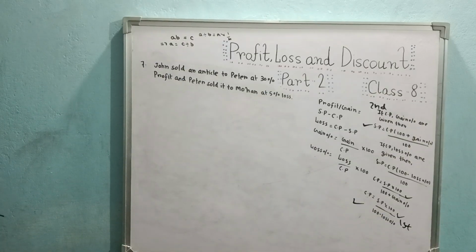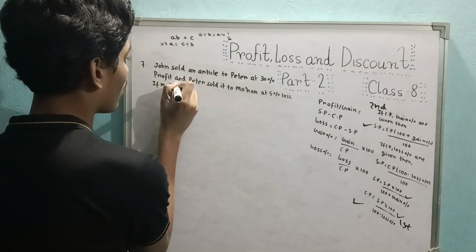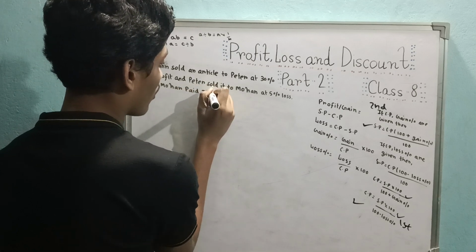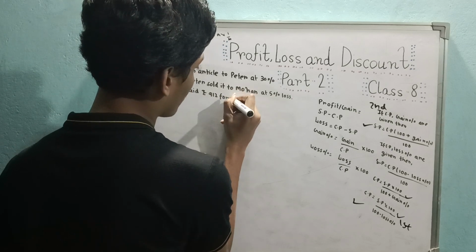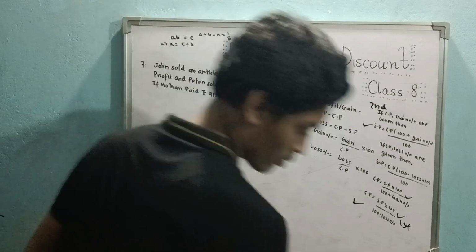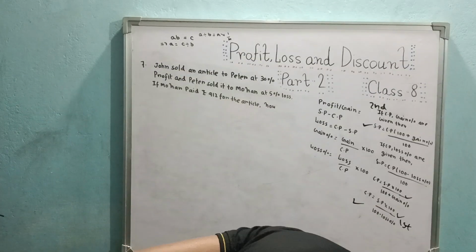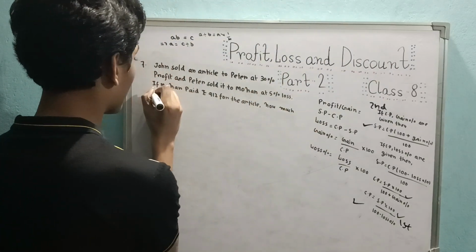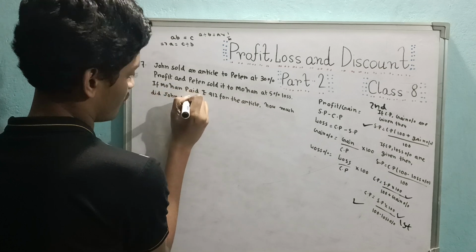If Mohan paid rupees 912 for the article, how much did John pay for it?